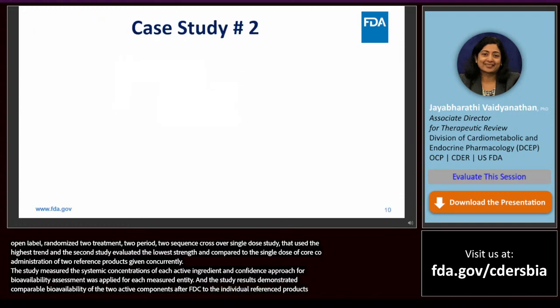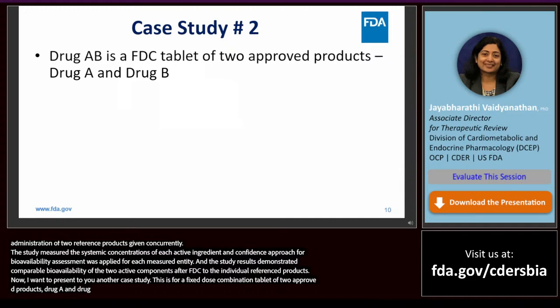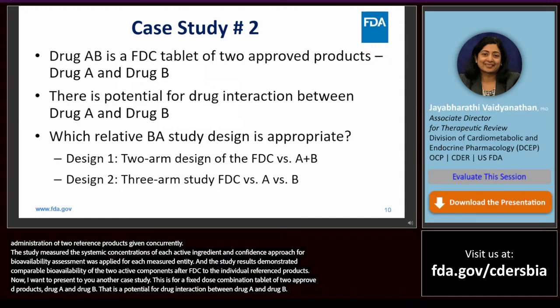Now I want to present to you another case study. This is for a fixed-dose combination tablet of two approved products, drug A and drug B. There is a potential for drug interaction between drug A and drug B. So if a relative bioavailability study is needed, which study design would be appropriate?